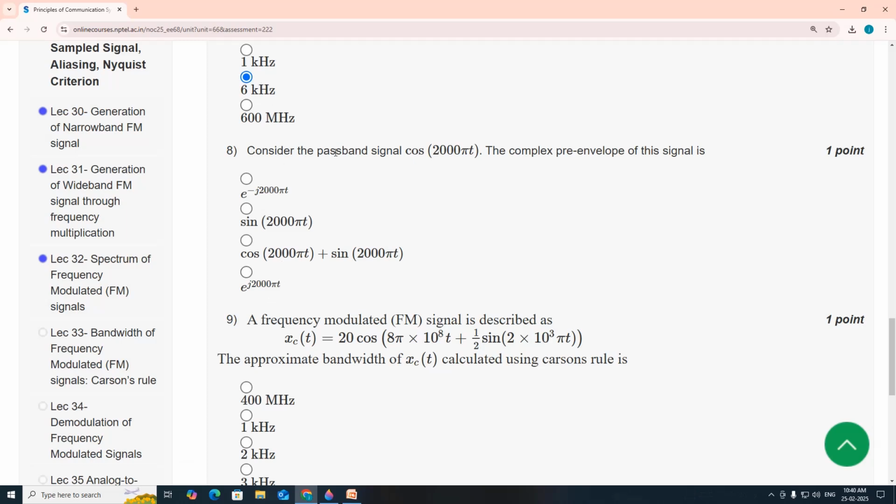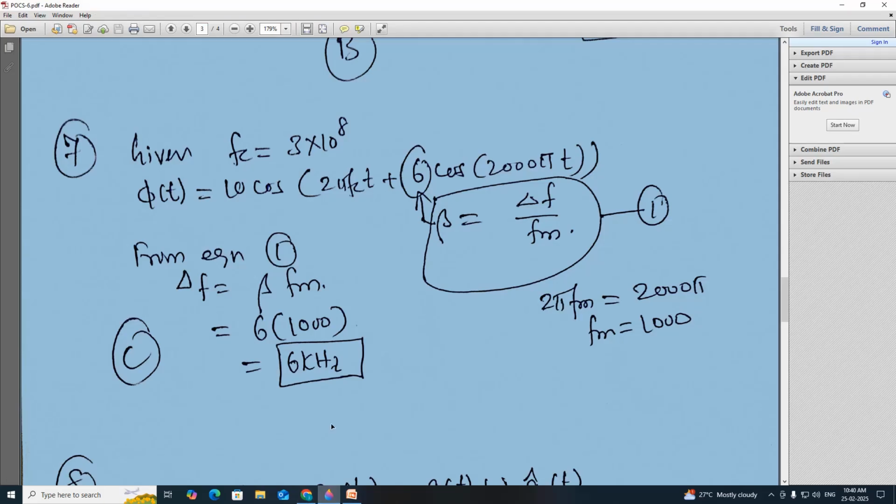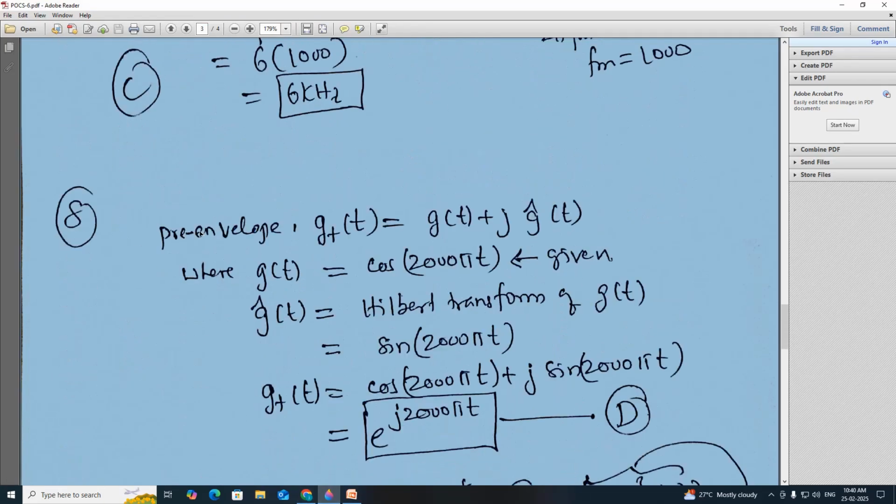Eighth one, consider the passband signal cos 2000 pi t. The complex pre-envelope of this signal is... The definition for pre-envelope is g plus of t equal to g of t plus j g cap of t, where g cap is the Hilbert transform of g of t.